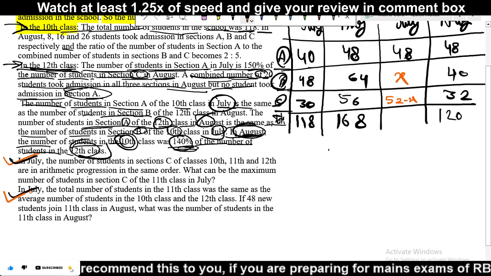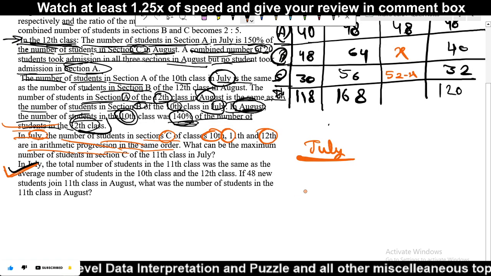So let's come to the question. This is the first question. It says that in July the number of students in section C of 10th class, 11th class, 12th class are in arithmetic progression in the same order. So, the month is July, section C, for all classes, 10th, 11th, 12th.